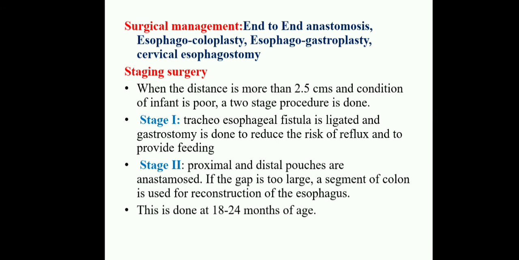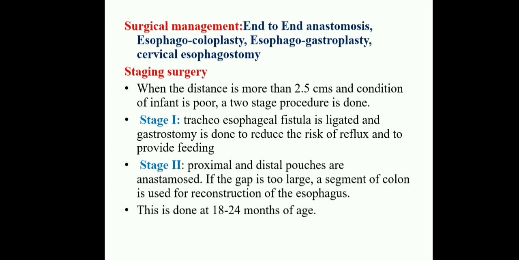If the baby is not healthy, is premature, or the baby's condition is very poor, then they go for two-stage surgeries. In stage 1, the tracheoesophageal fistula is ligated and a gastrostomy is done to reduce the risk of reflux and to provide feeding. So through the stomach, they give the feedings. That is stage 1.